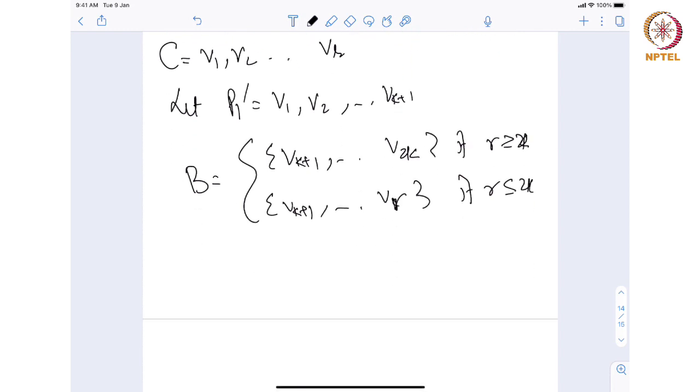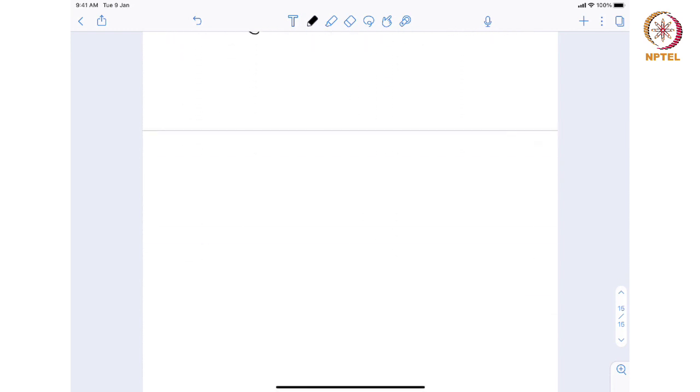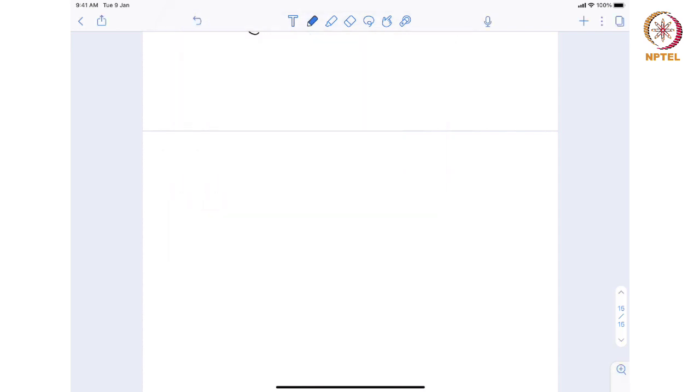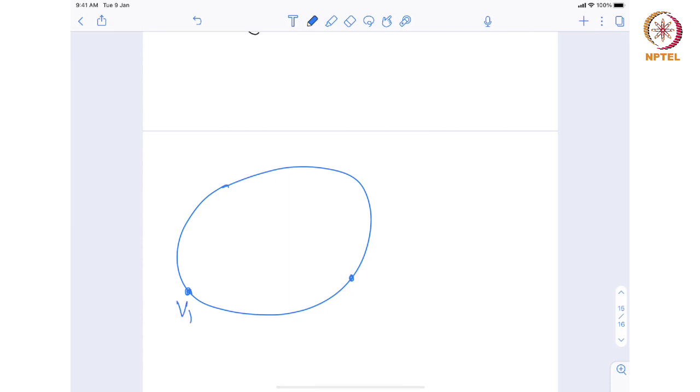So what I have done is, here is my cycle. Suppose this is V1 to Vk on this. Now I look at the length of this cycle.